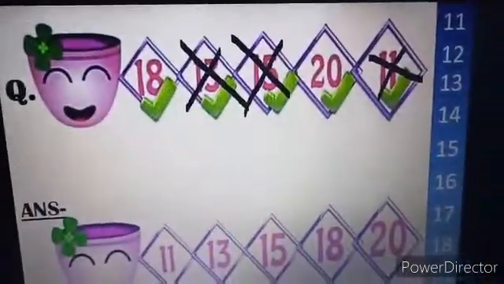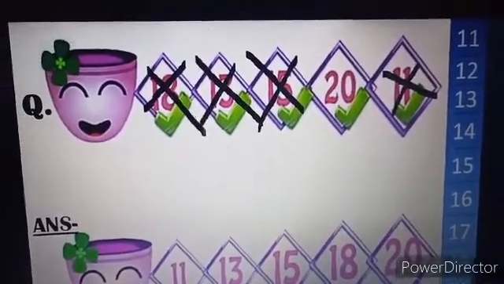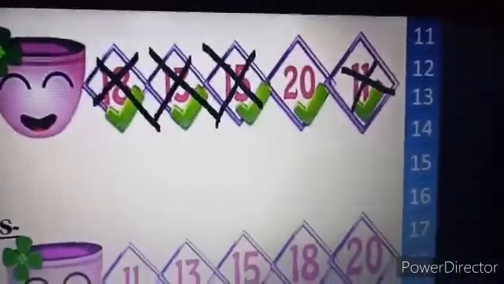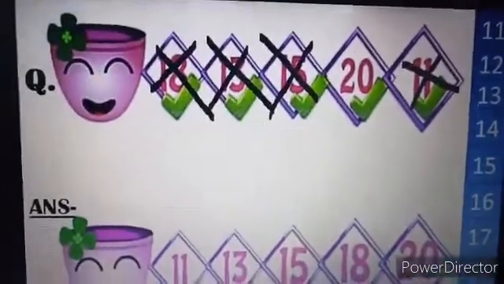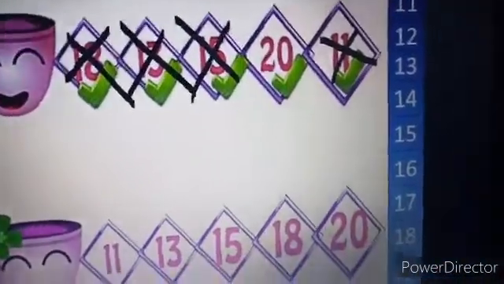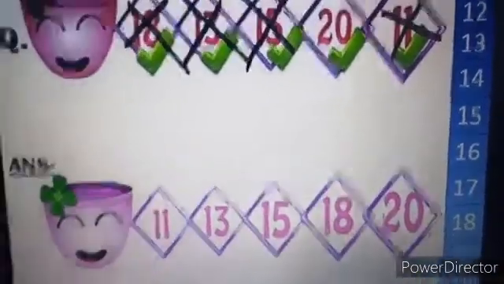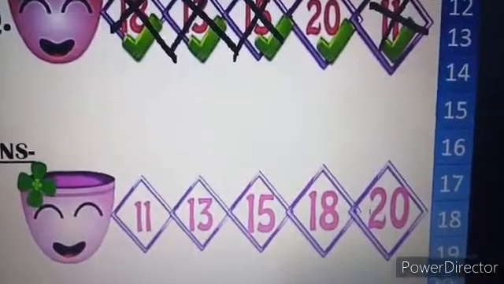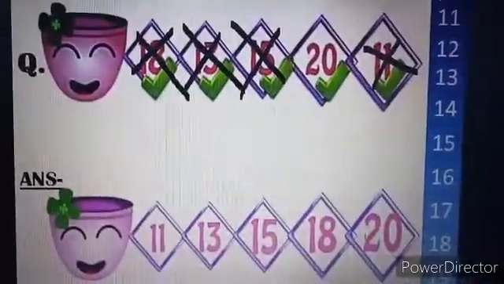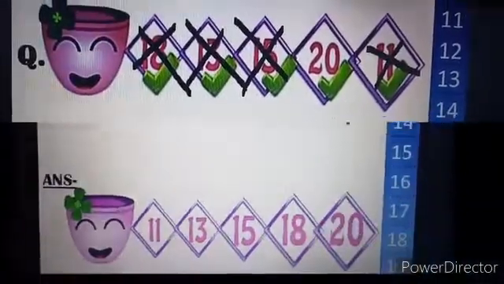And then cancel 18 from the question. Okay. Now see children, which number is left now? 20. So the leftover number you will write at the last. Okay, 20. Understood children? I hope you all have understood about this topic, ascending order.